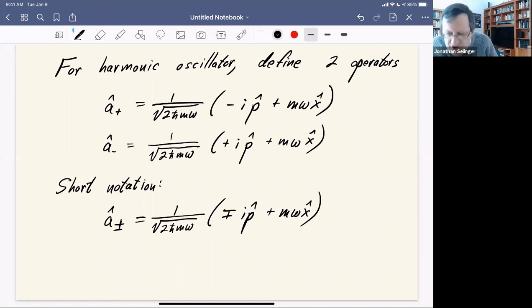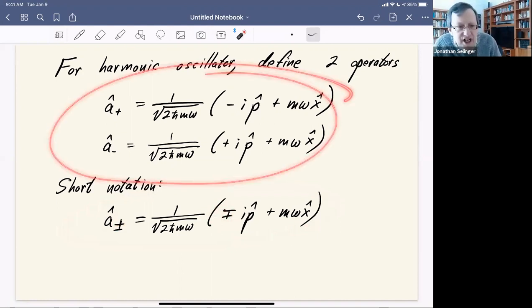Have you seen this kind of short notation before, where I use the plus or minus sign over here, and it goes with the minus and plus sign over there? This is a way of writing two equations in one, where the top sign goes with the top sign there, and the bottom sign goes with the bottom sign there. So this one equation really means these two things together.